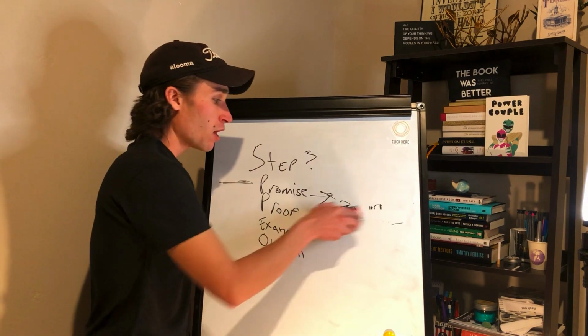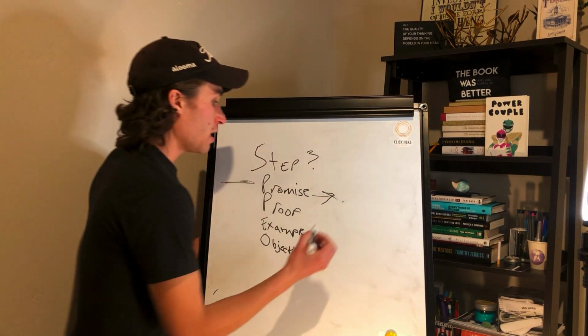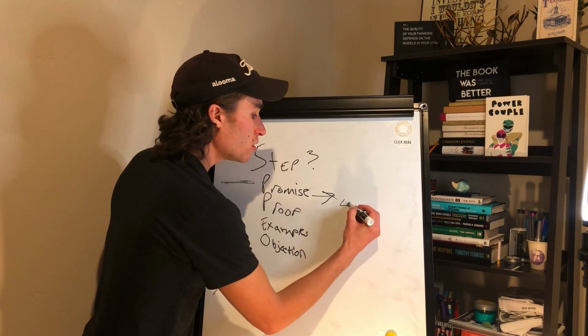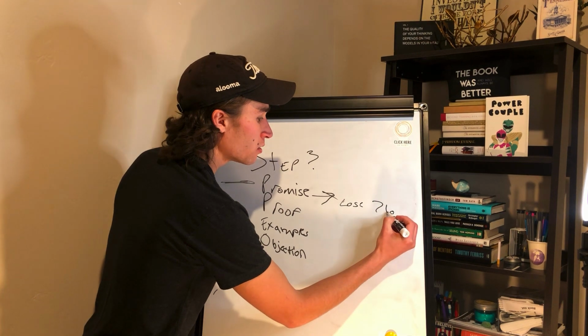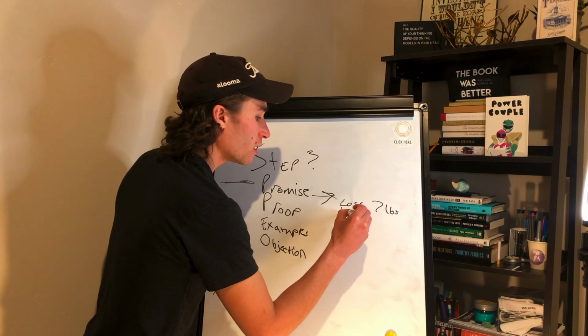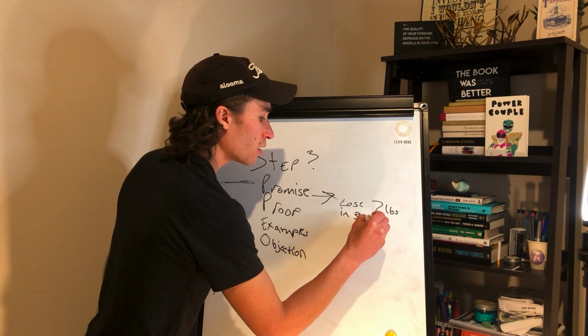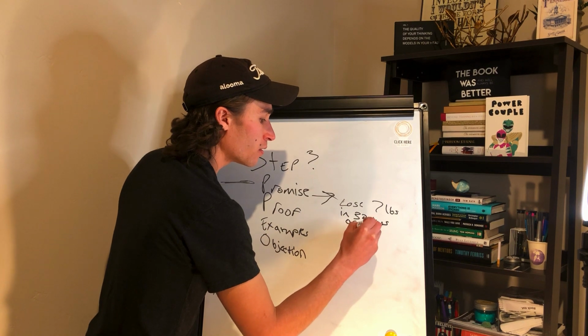So another example, I mentioned the cookie butter company. For them, it was lose 7 pounds. Sorry, I am terrible at it. Lose 7 pounds in 30 days, or it's free.